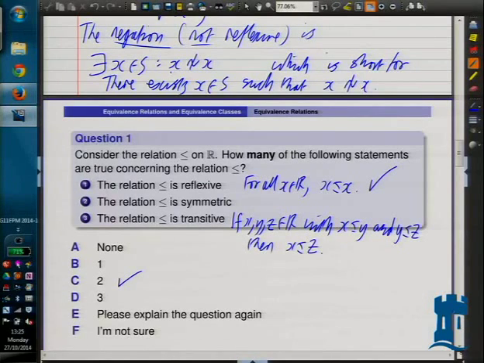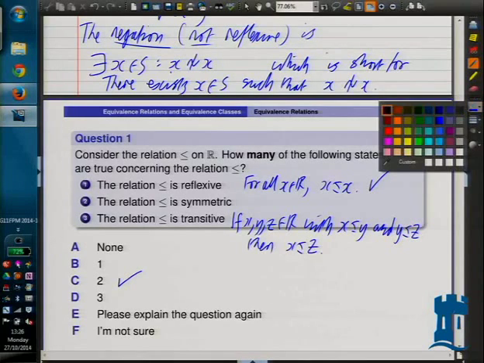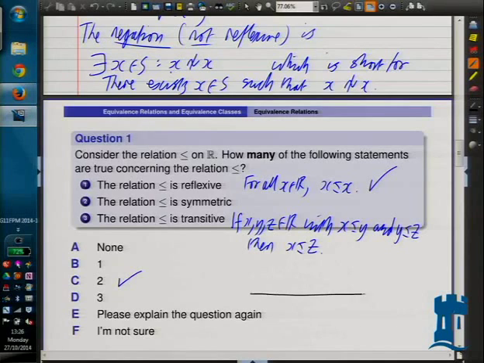It's a standard thing you've learned in ACF about the way inequalities hold. But you can think about where they are on the number line. x less than or equal to y says that x is to the left or at the same place on the number line as y, and y less than or equal to z says that z is to the right or in the same place as y on the number line. So although I'm not saying this is a proof, because this is just a standard thing about inequalities.